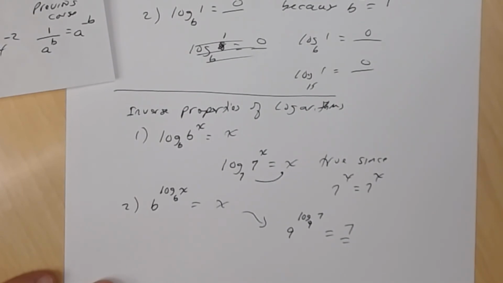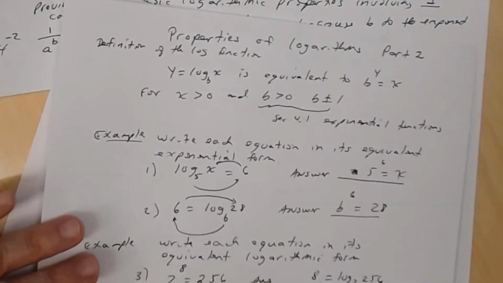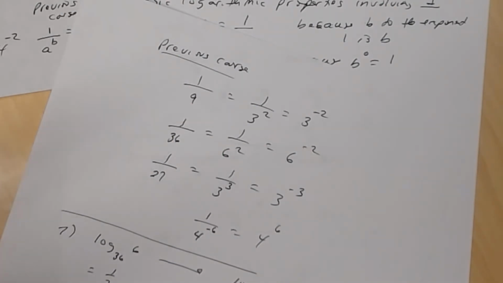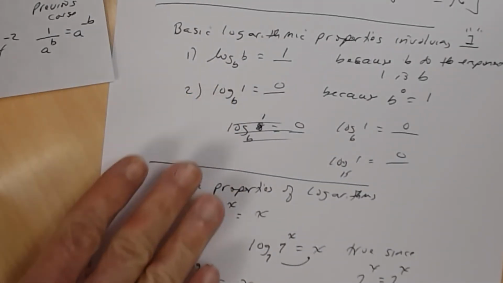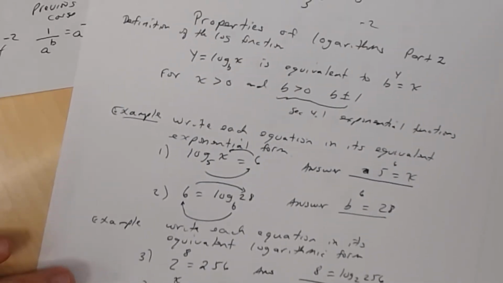Okay? So in part 2, most of what we did was review part 1. And then the new part were these properties right here that we had to discuss a little bit further. Okay? So that's going to take care of part 2.